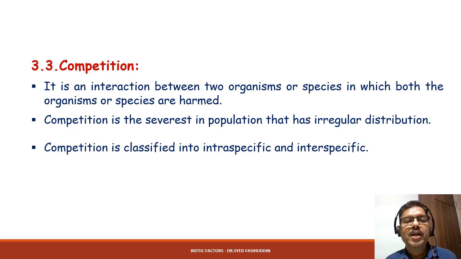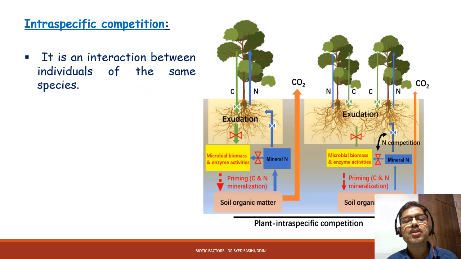Competition. It is an interaction between two organisms or species in which both organisms or species are harmed. Competition is severest in populations that have irregular distribution. The competition is classified into two types, that is intraspecific and interspecific.